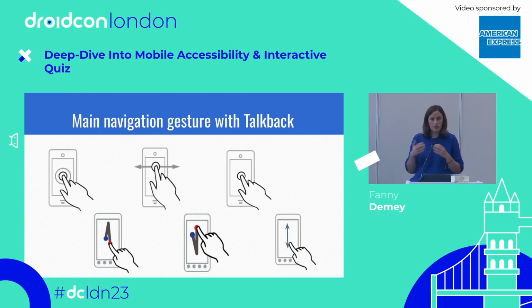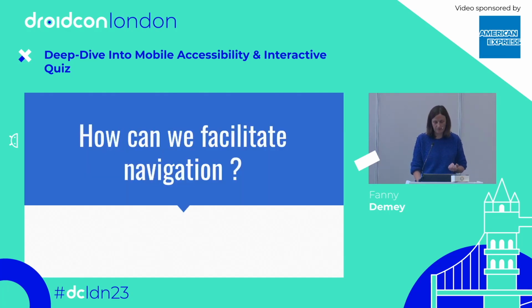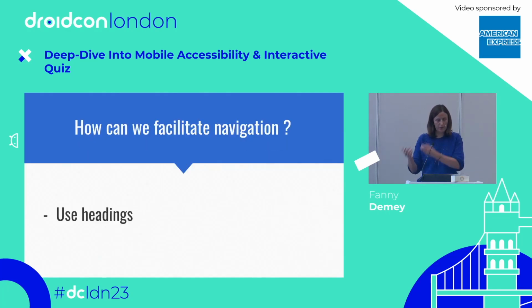For example, it can be going one character per character, it can be changing the speed of how fast TalkBack is speaking, or it can be moving between headings. Which leads me to the first best practice to optimize the navigation: using headings.